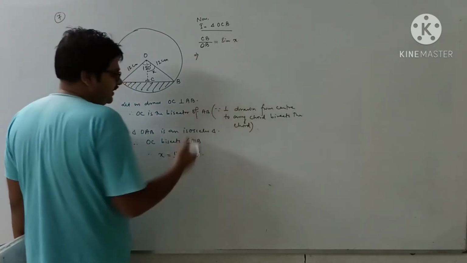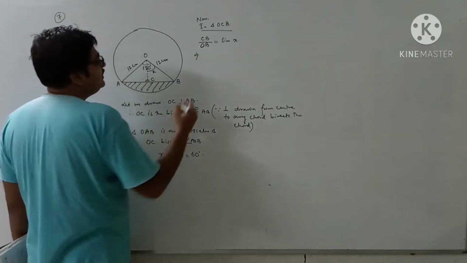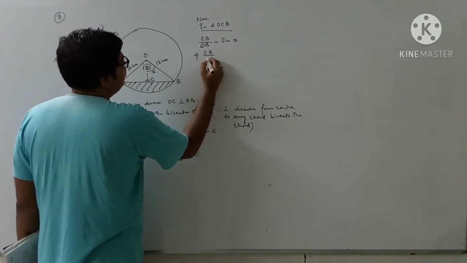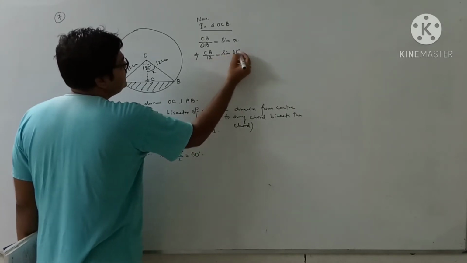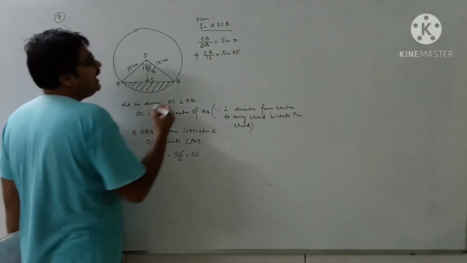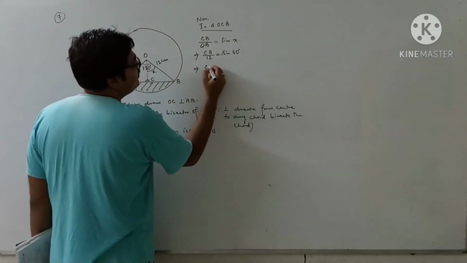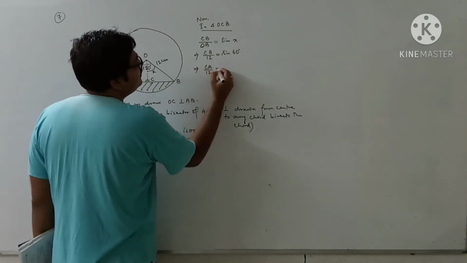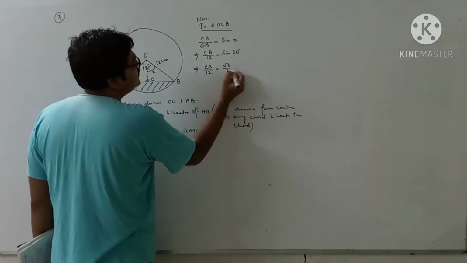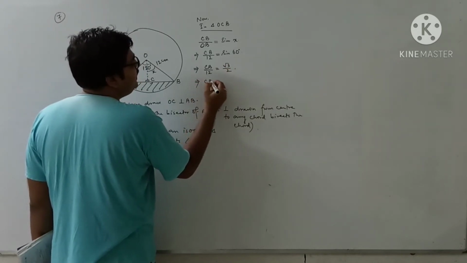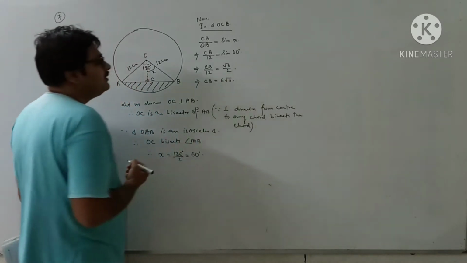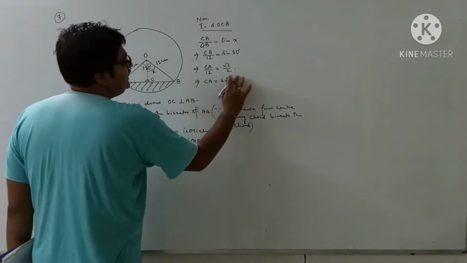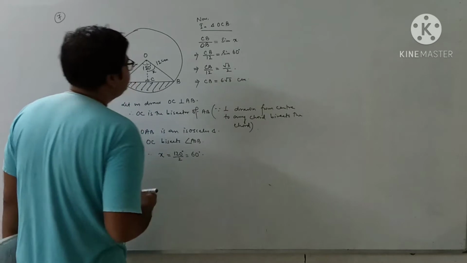And what is the value of x? 60 degrees. So CB by OB, that is CB by 12, equal to sine 60 degree. And sine 60 degree value you already know, root 3 by 2. So I can get from here CB equal to 6 root 3. So we got the length of CB, 6 root 3 centimeter.